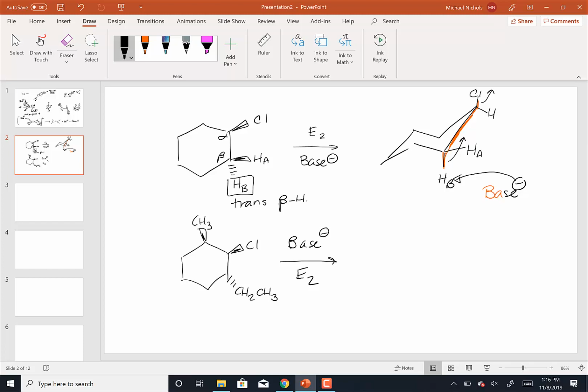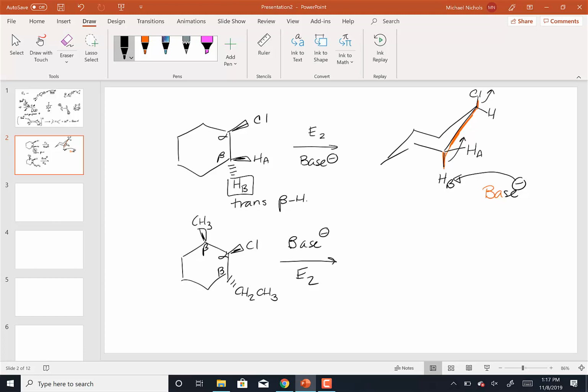Well, if I'm saying write the products of this reaction, ultimately it's going to be the major product. But if I just say, what are the possible products of this reaction? First, we have to figure that out. So we go back to basics. Alpha, beta, beta. We identify our beta hydrogens that can be removed. That's the first step. Step one, find the beta hydrogens.